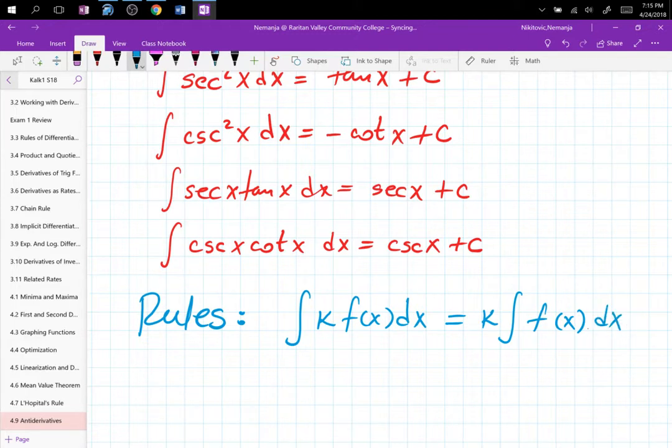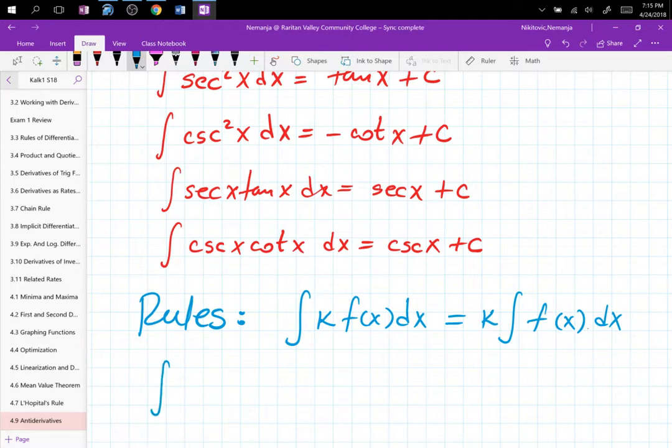This rule simply says, just like a rule in limits and derivatives, that if you have a constant times the function, you can kick the constant outside in front of the integral. We did that for limits, we did that for derivatives, and here it is still with us in integrals as well. The next rule says that if you have multiple terms added and subtracted, you can integrate individually.